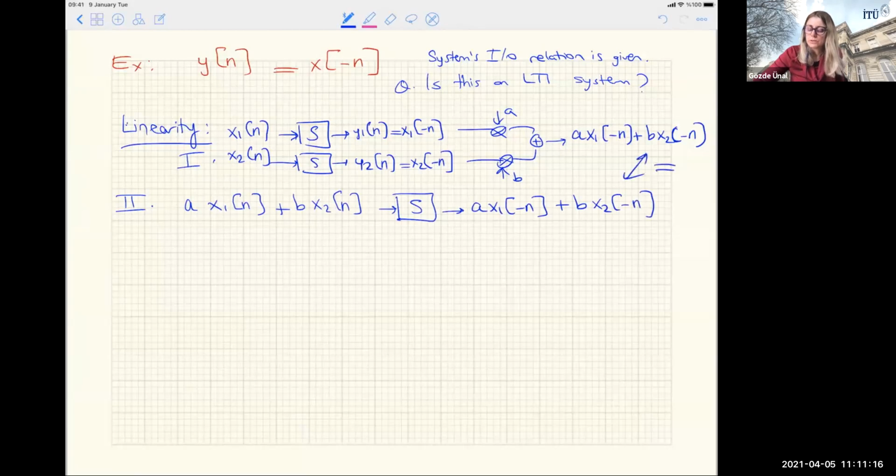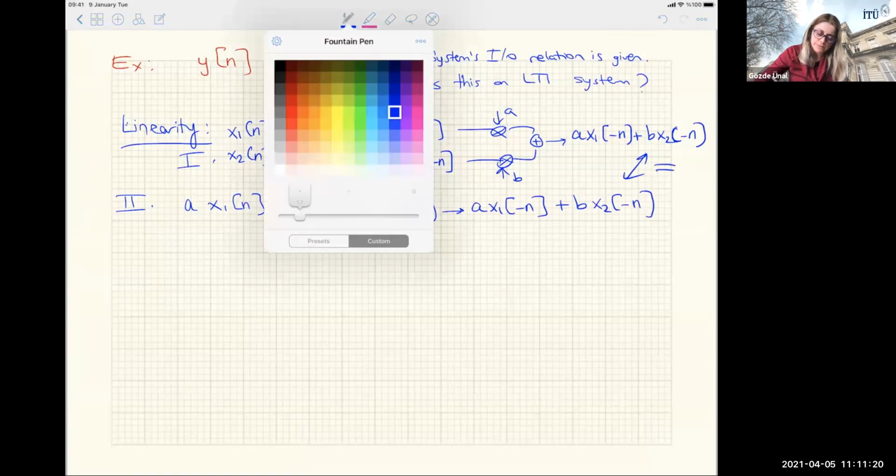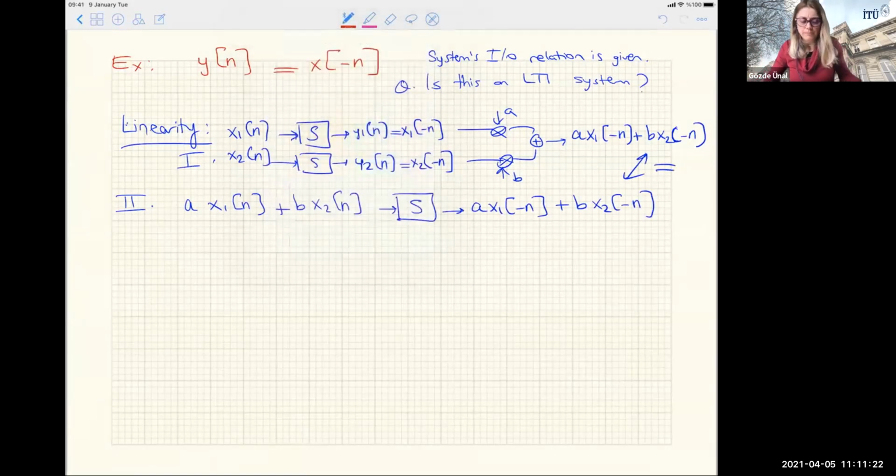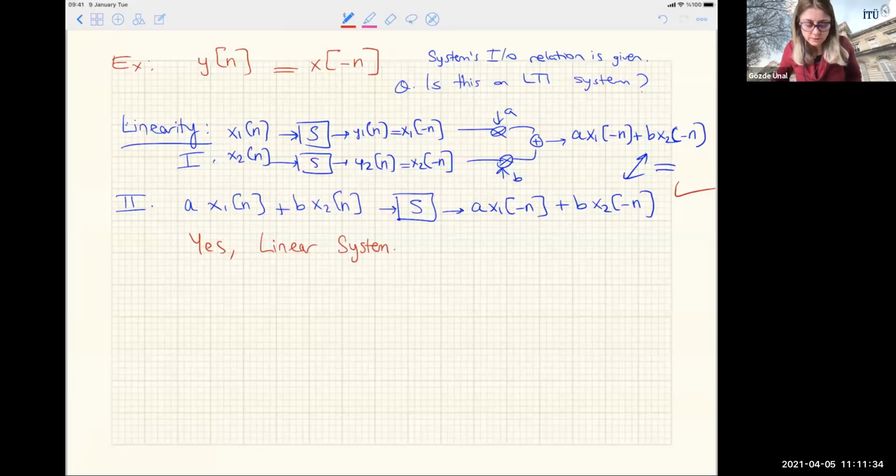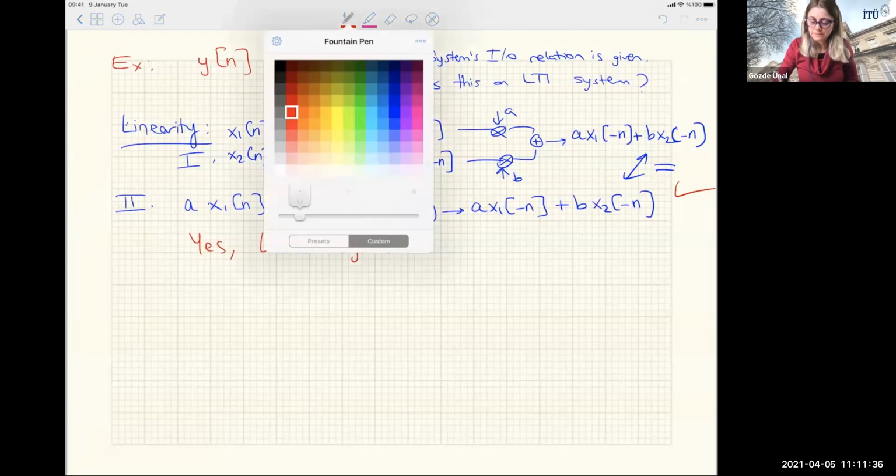So this is equal. So we can say this is a linear system, right? Linear system.